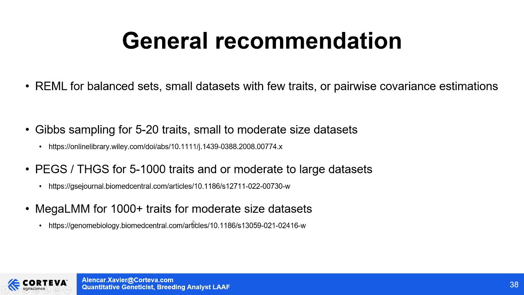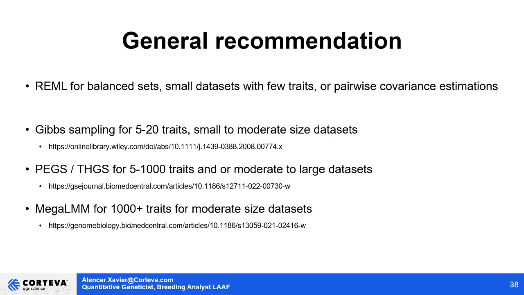And last but not least, a model that is somewhat novel, just like the methods we are describing in this study, is an approach developed at UC Davis by Dan Runcie called the Mega LMM, which is a model for highly correlated traits, and for when the number of traits is larger than the number of observations and number of markers.